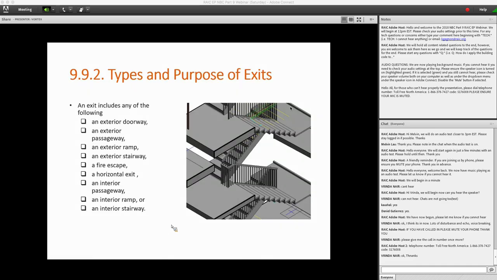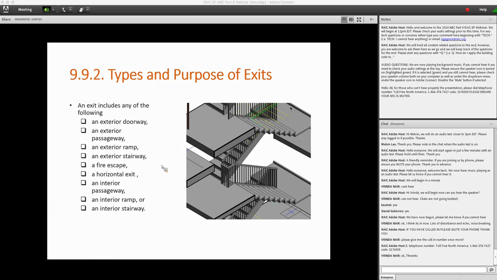Now, section 9.9.2 discusses the types and purposes of an exit. So what is an exit, or what can constitute an exit? An exit can include an exterior doorway providing access from within the building to the outside.